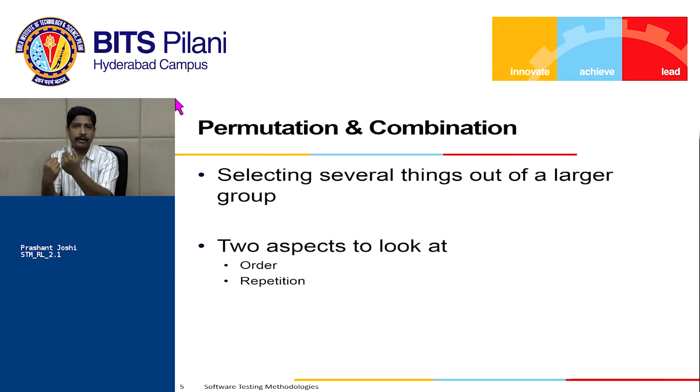But is there an order in which I pick? Or can I repeat? So if it's 1 to 9 as numbers and I need to pick 3, can I pick 1, 1 and 1? So can the number 1 repeat? Can number 2 repeat? Can number 3 repeat? That paves the way to the way we deal with things.